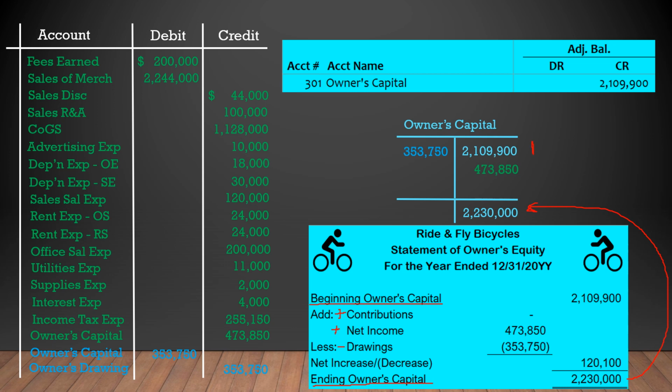We start with our beginning year balance. We add in net income. If we had contributions, we would also have it here in the credit column. And we subtract out our drawings. The ending credit balance is our year-end owner's capital balance.